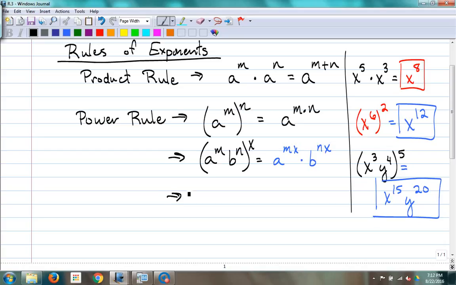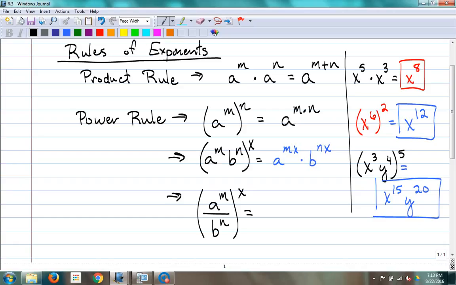Another part of the power rule is if you got a fraction. Got different bases. Got an A base with an M exponent, a B base with an N exponent, and then some other exponent on the outside of the parentheses.